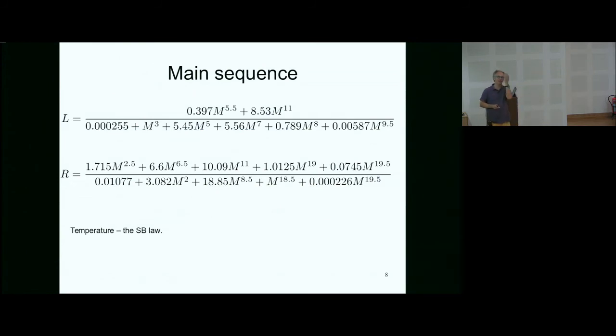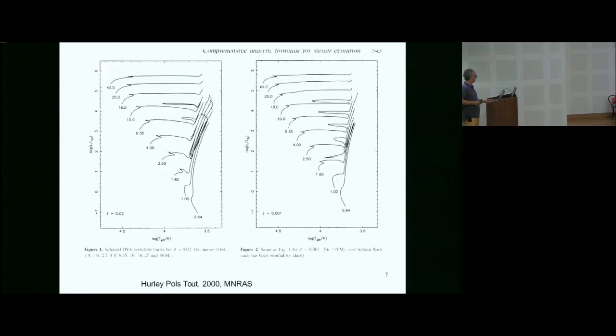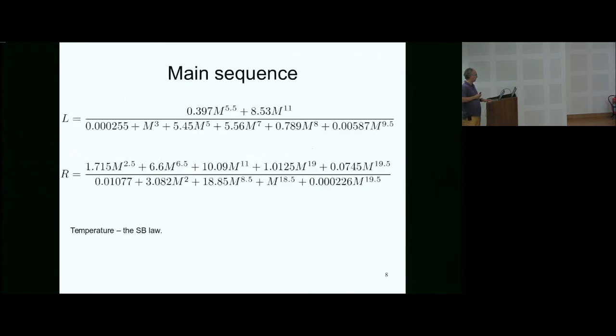There are codes that have all of these evolutionary tracks written down in terms of approximate formulae like that, which allow you to trace the evolution of binary components without running in detail the codes that describe the structure of each component.